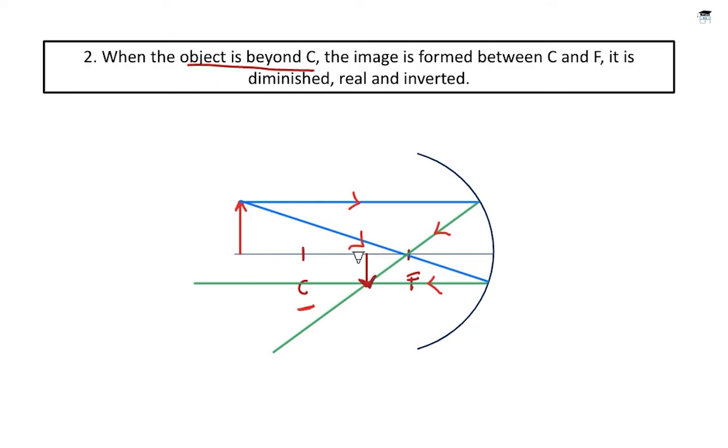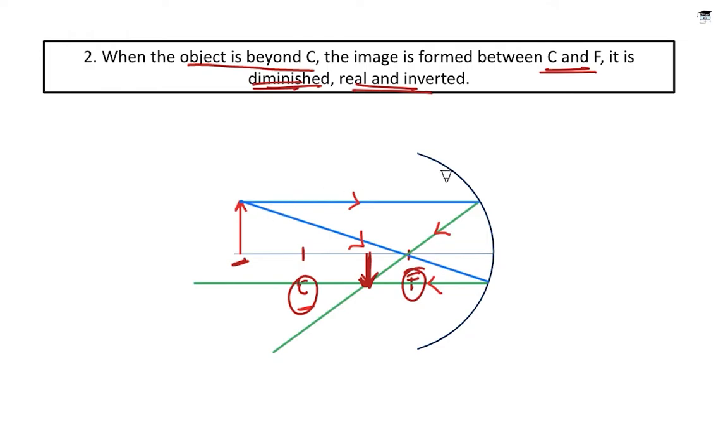So we have found the position of our image, which is between C and F. As you can see here, it is between C and F. It is diminished. The height of the object is this, and as you can see, the image is smaller as compared to the object. So it is diminished, and it is real and inverted because it is formed in front of the mirror.